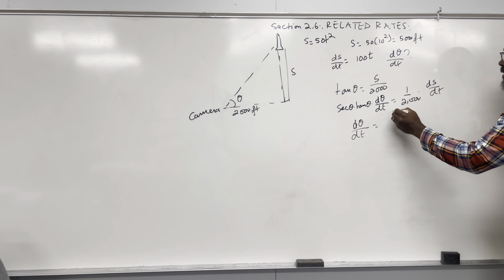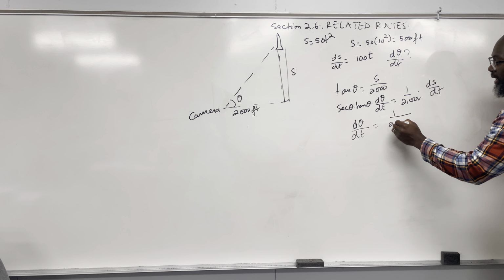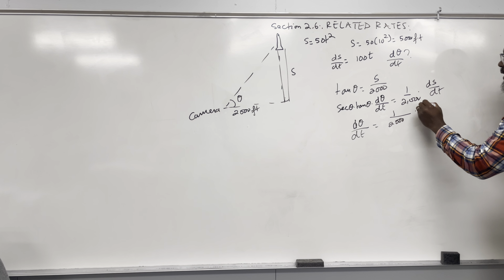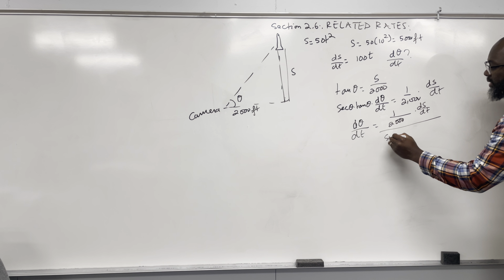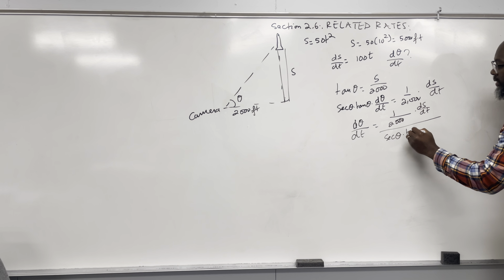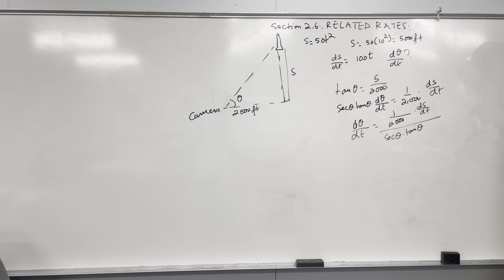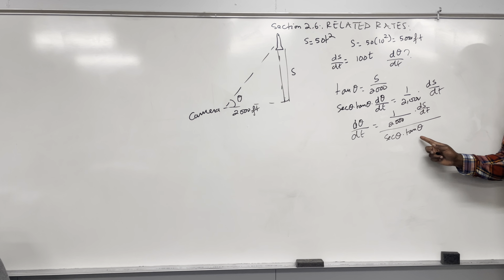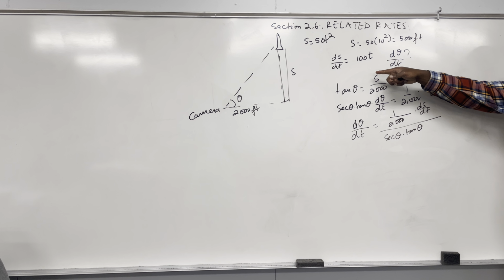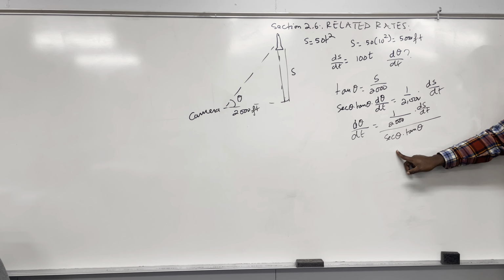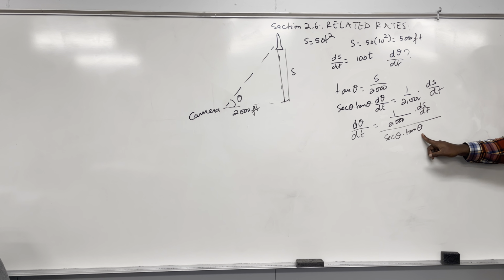So that's just going to be 1 over 2,000 times ds over dt, the whole thing over secant theta tangent theta. Now, we are not done just yet. Now we need to find ds over dt when t is equal to 10 seconds. That's what it told us. We also need to find secant theta and tangent of theta. We also need to find these pieces.